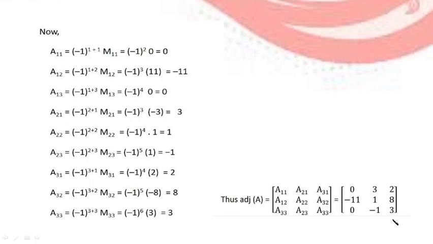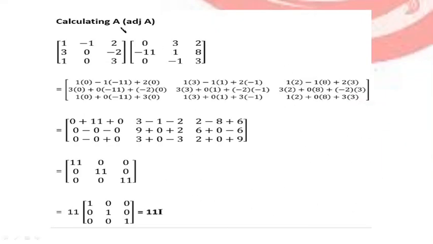Now we will calculate the first term of the equation, that was A into adjoint A. A into adjoint A means the product of matrix A into matrix adjoint A. So A matrix and adjoint A matrix. Now we have to multiply. I hope everybody knows how to multiply two matrices.